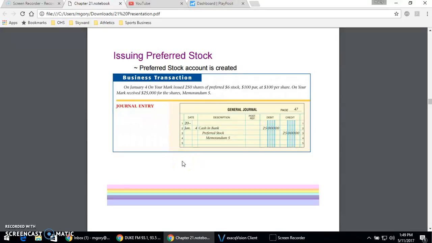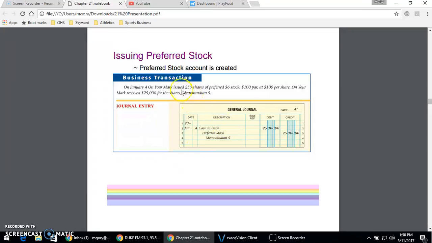Now on January 4th, On Your Mark issued 250 shares of preferred stock. This is at $6 per share, or I'm sorry, preferred $6 stock, $100 par at $100 per share. So On Your Mark is going to receive $25,000 for the shares. Memorandum number 5 is going to be the source document.